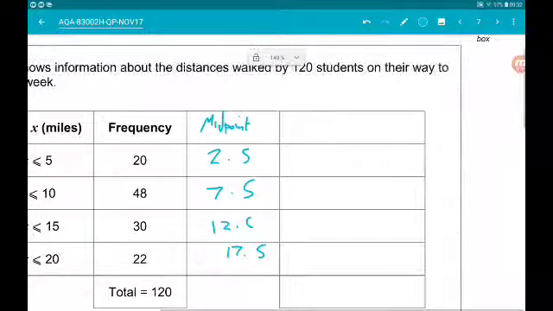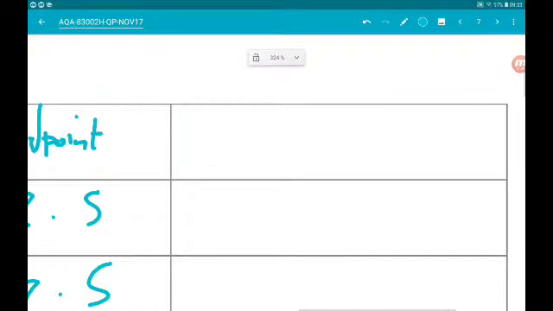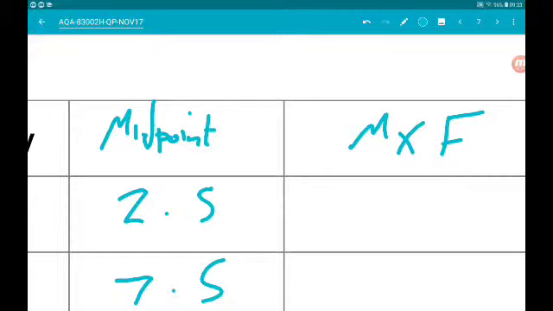Now for the other column, we now do the midpoint times frequency. So the reason we take the midpoint is because it's an estimate for the average from each interval. So what we do now is multiply that by the frequency to get an estimate of the total distance walked by the people in each interval.